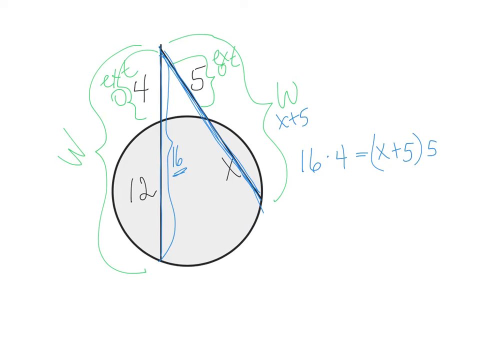Okay, so we have 16 times 4. 16 times 4 is 64, equals 5x plus 25. All right, so we just need to subtract 25 from both sides. 64 minus 25 is 39.